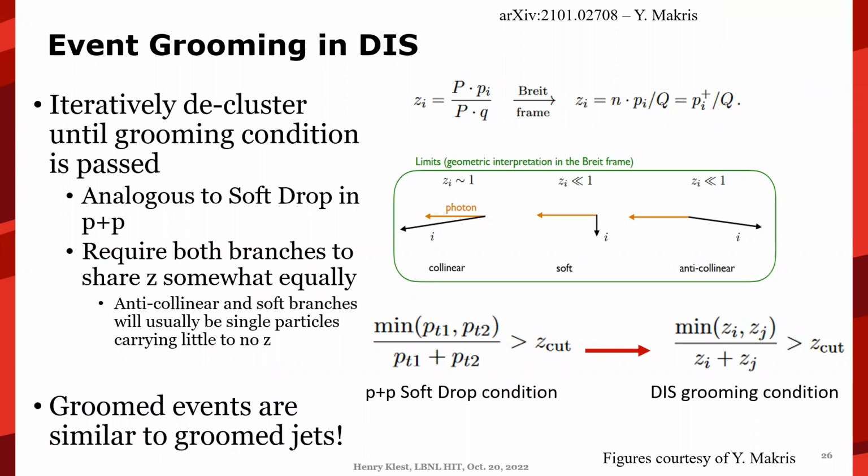Henry, I'm confused. So you're talking about iteratively declustering, but you just told us that you don't do jet finding. So what is it that you decluster? Yes. So you don't select something as a jet. You cluster the entire event using the jet algorithm.